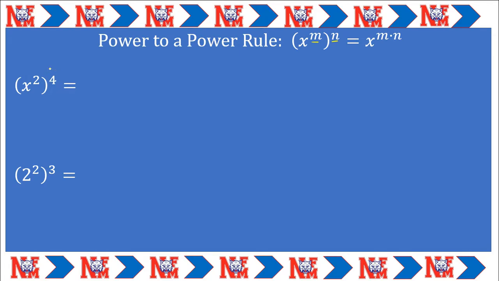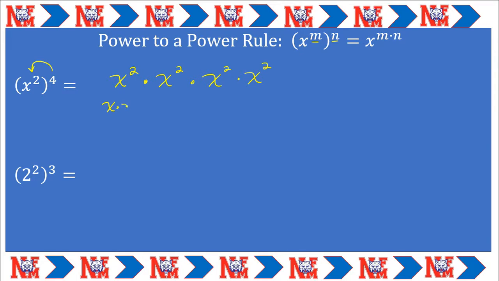In our first example, we have 4 x squares being multiplied. So we have x squared times x squared times x squared times x squared. Now let's expand each of these x squares.